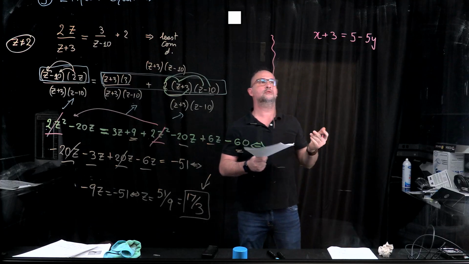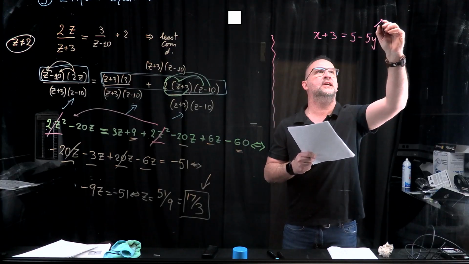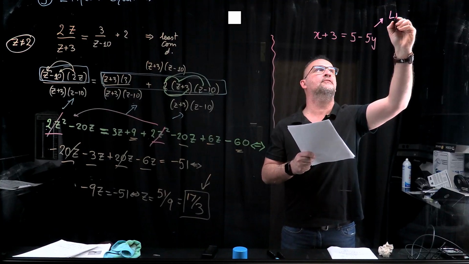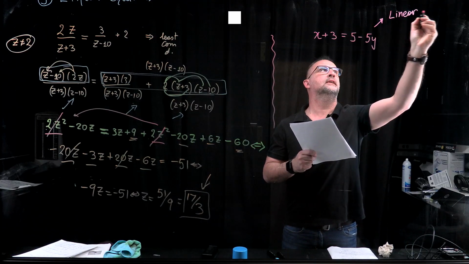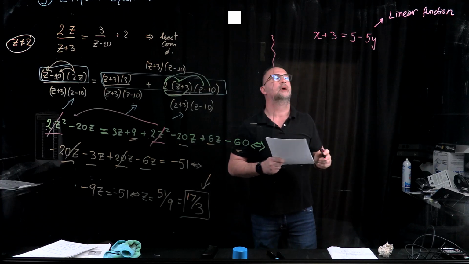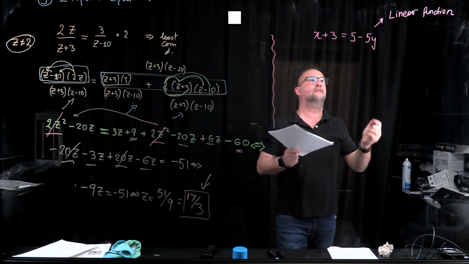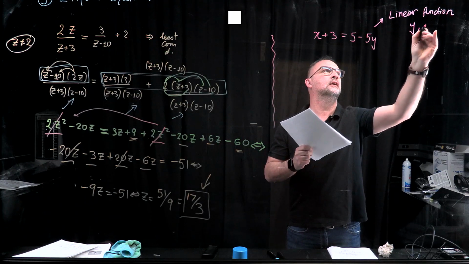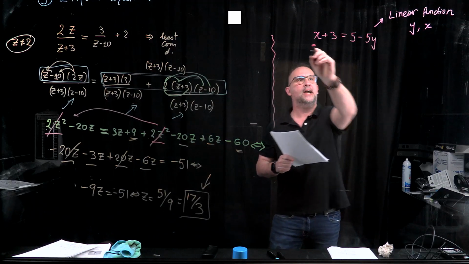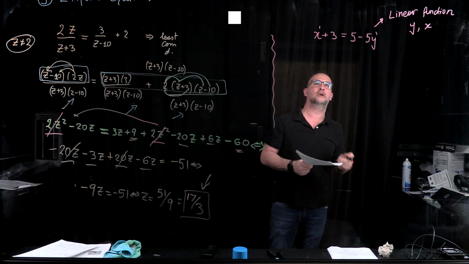Now, the close inspection of this should not surprise you. What this is, essentially, is a linear function, a new word here. And if you are not familiar with it, that's okay. Essentially, it's a linear function between y and x. Both x and y, their degree is 1, right? So it's a linear function.